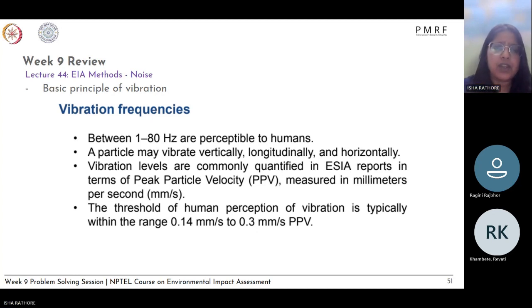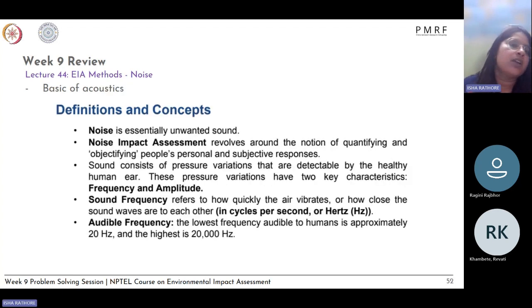The threshold of human perception of vibration is typically within the range of 0.14 millimeters per second to 0.3 millimeters per second, peak particle velocity or PPV. Then we looked at certain definitions and concepts: noise is essentially unwanted sound. Noise impact assessment revolves around the idea of quantifying and objectifying people's personal and subjective responses to noise.